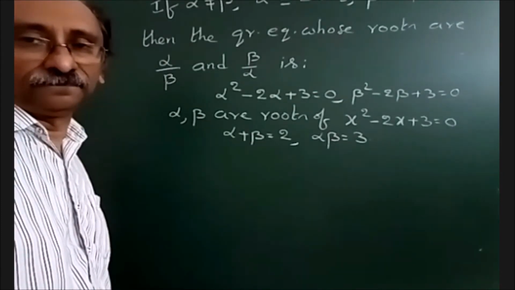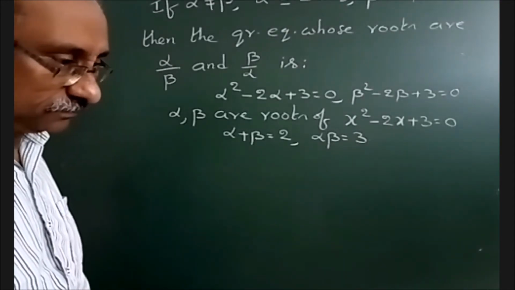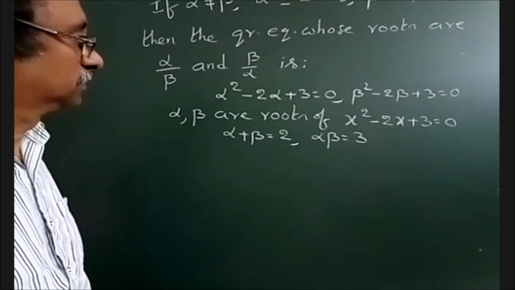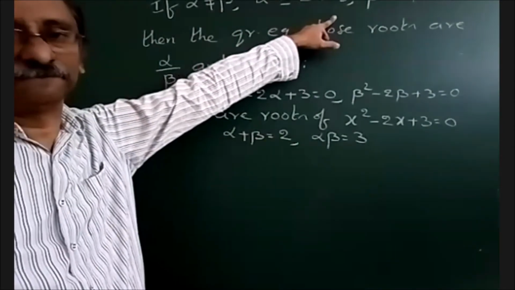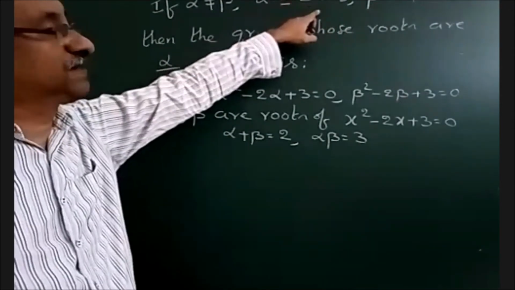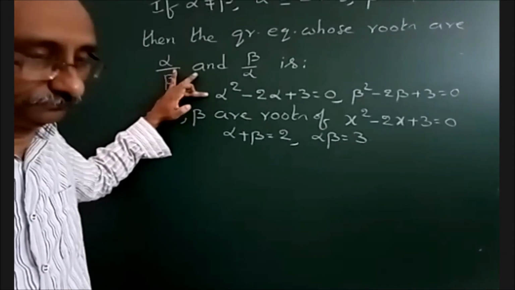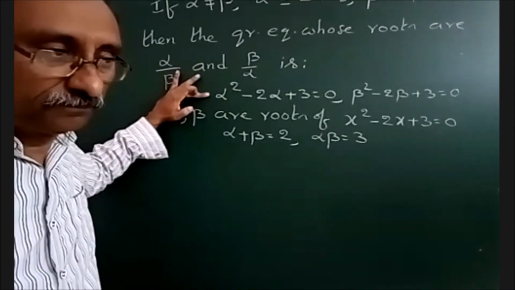So Yoganand raised his hand. For what reason? So explain how did you get that equation x square minus 2x plus 3? Now you tell me, what is alpha square? 2 alpha minus 3. So take that right hand side expression to the left hand side.